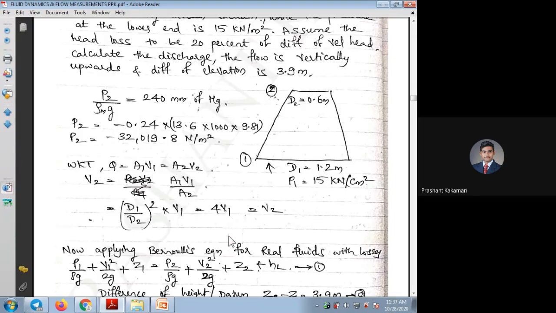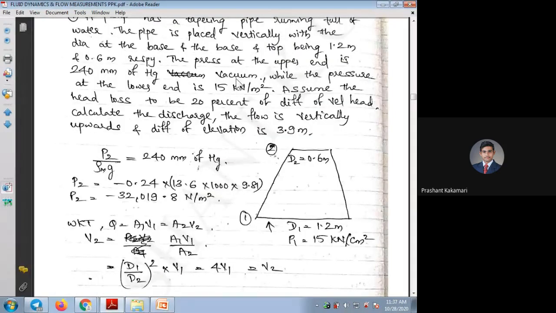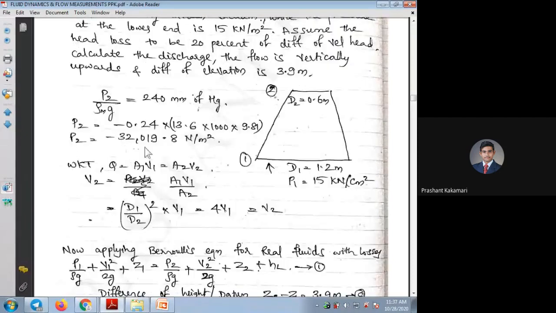So if it is below absolute 0, then we take the minus sign. We need to consider it for the vacuum because it will be below 0. Below 0 pressure, whatever is there, will have a negative sign. So we have considered minus 32,019.8 Newton per meter square.